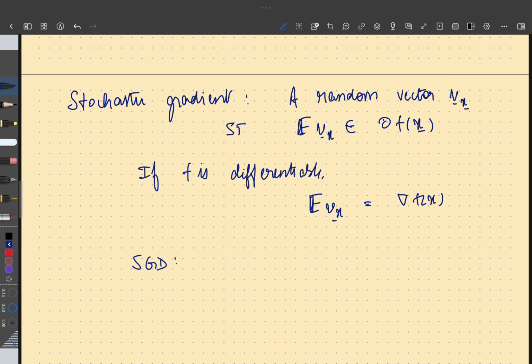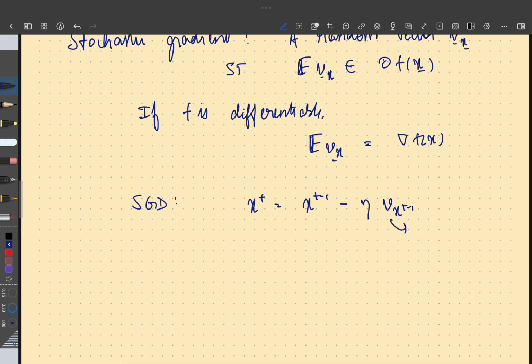And SGD is exactly this. Instead of using the gradients, now it's a randomized algorithm where at each step you take xt equal to xt minus 1 minus some eta times v of xt minus 1, where this is a stochastic gradient.